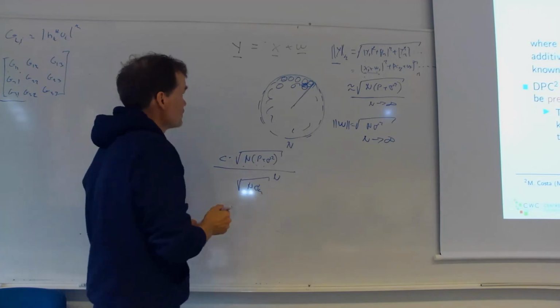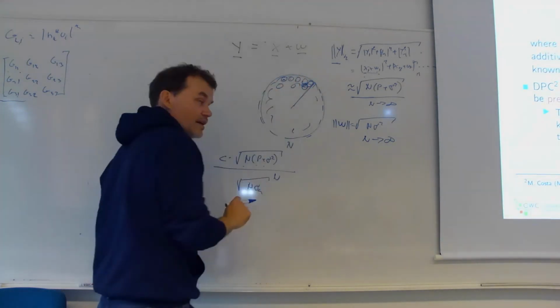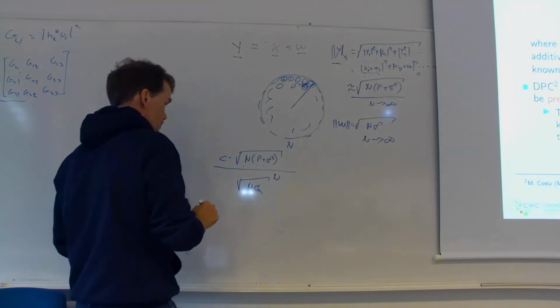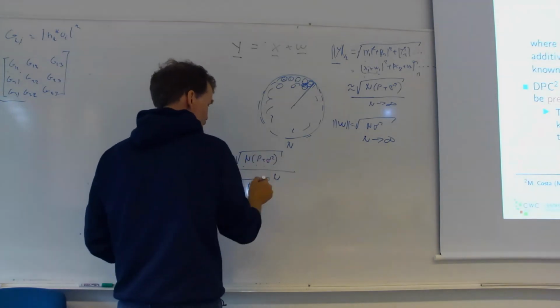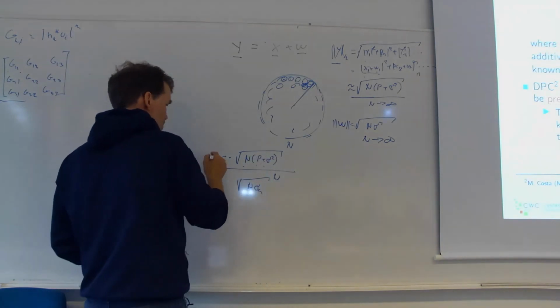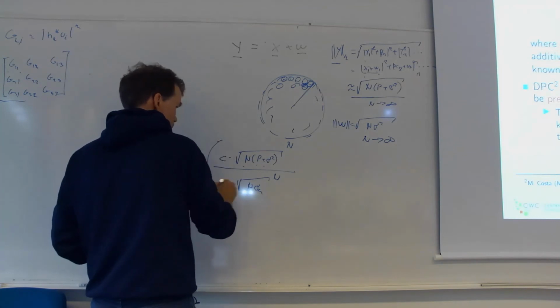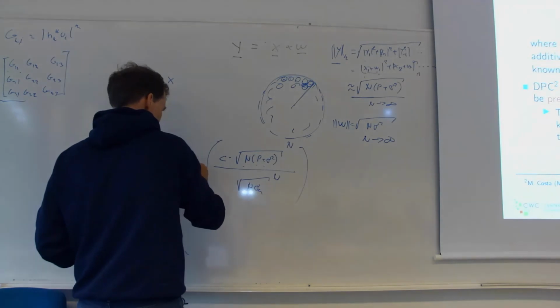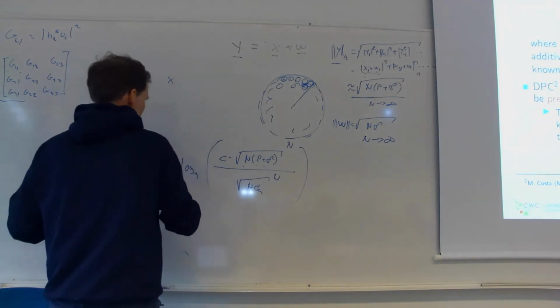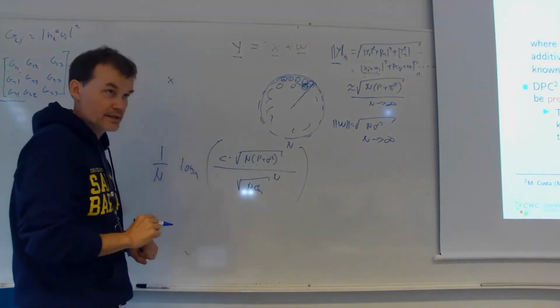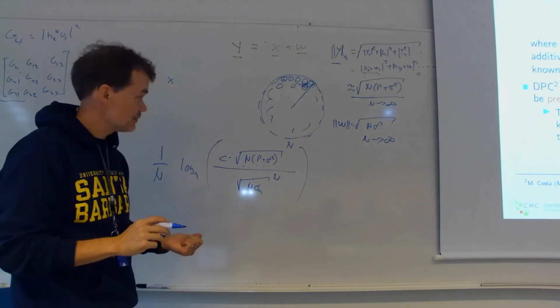One sphere would correspond to one message. So this is the number of messages, and now we can express that in bits, and then normalize over n. So this would be the rate.